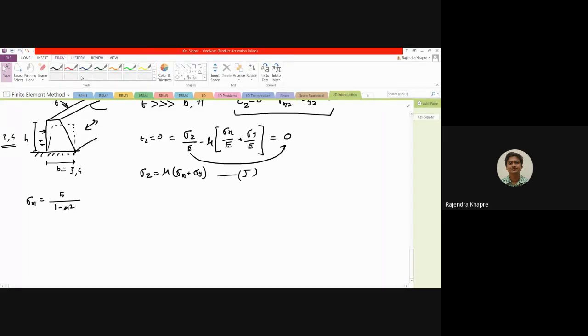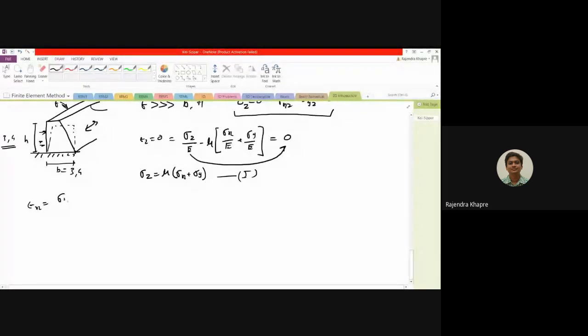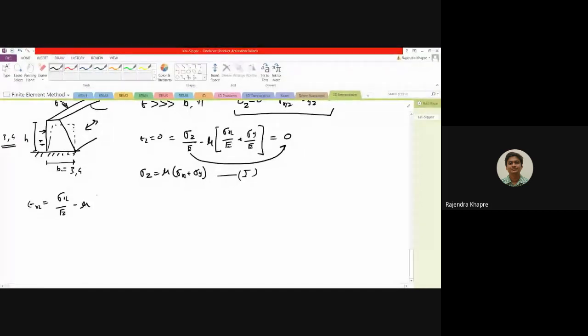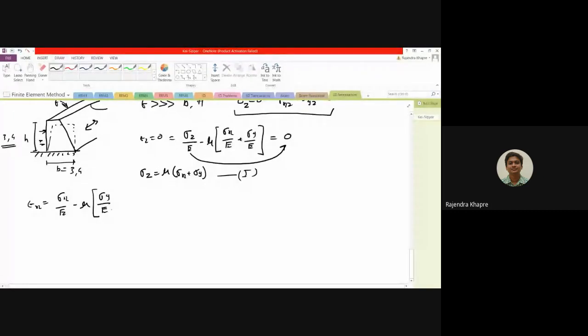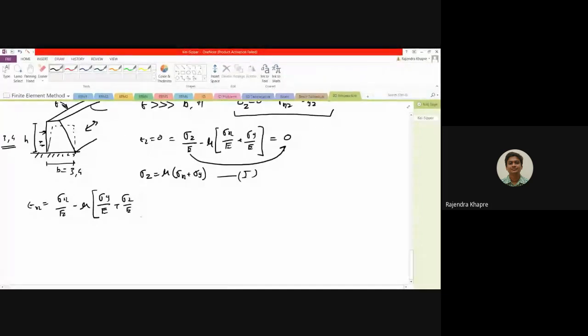We have two basic equations from the strength of material. Let me write down those. So epsilon x equals sigma x upon E minus mu times sigma y upon E plus sigma z upon E. This was the first expression.